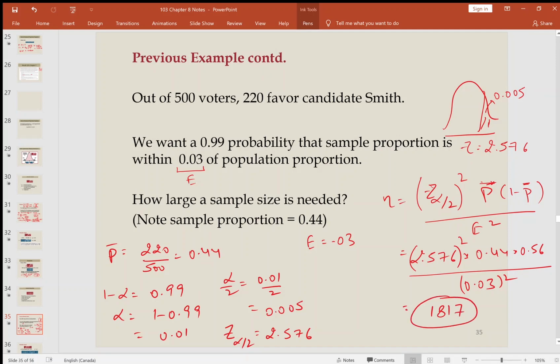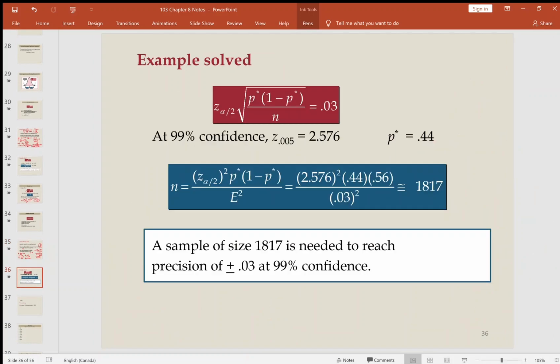So we would need a sample of size 1817 if we want to be within 0.03 of the population proportion. Okay, so if you go to the calculations on the next slide, a sample of size 1817 is needed to reach a precision of 0.03 at 99% confidence.